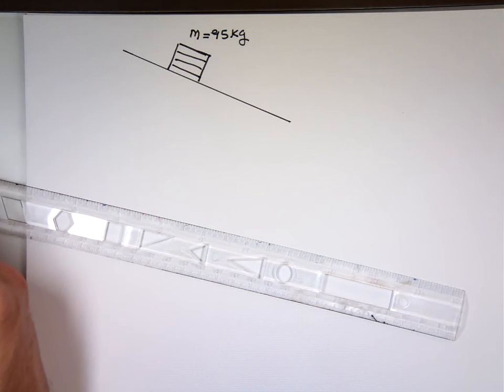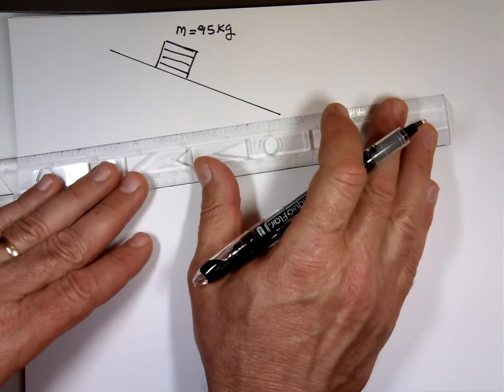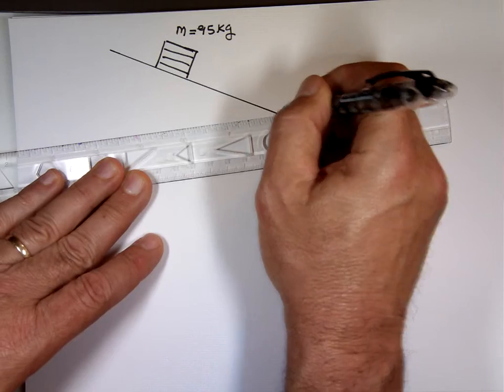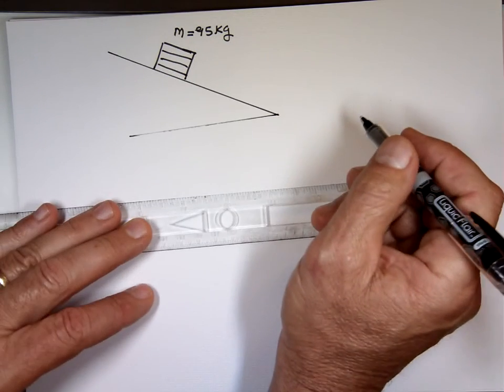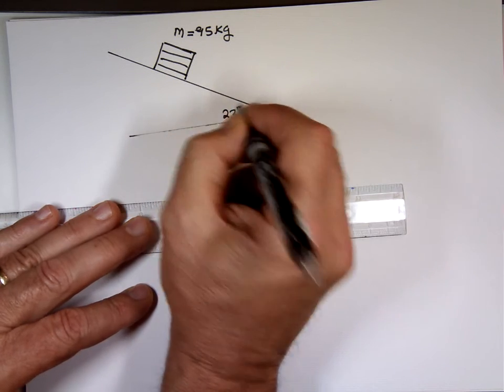And we notice that the box does not slide, so there's an angle here. It does not slide till this angle exceeds, let's say 23 degrees, pick some crazy number. So here we go.